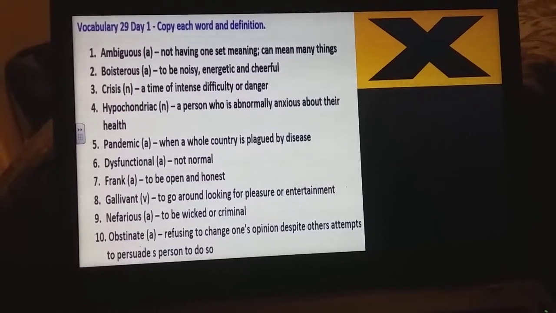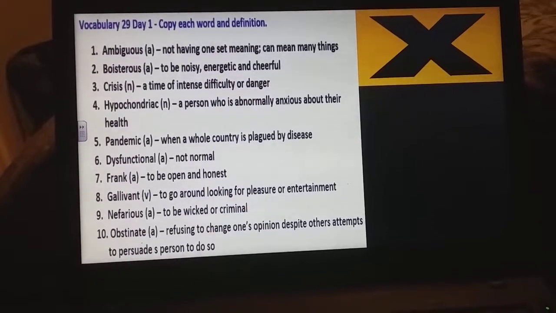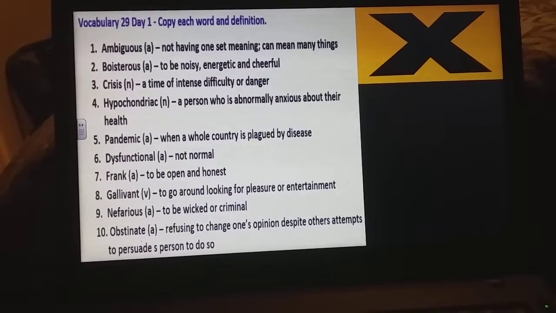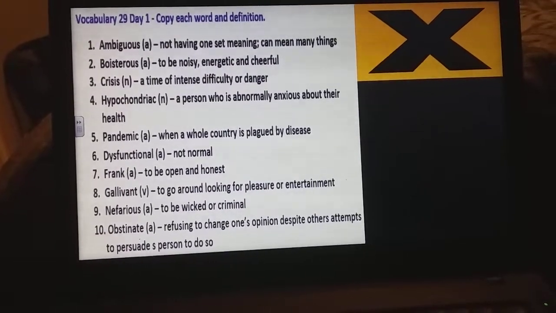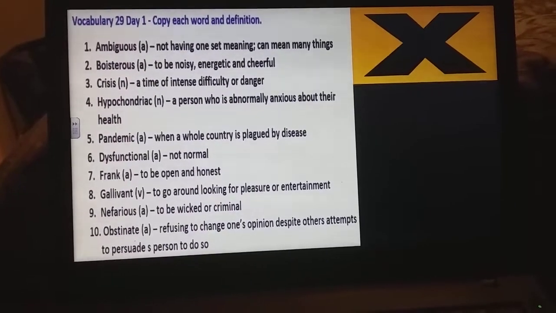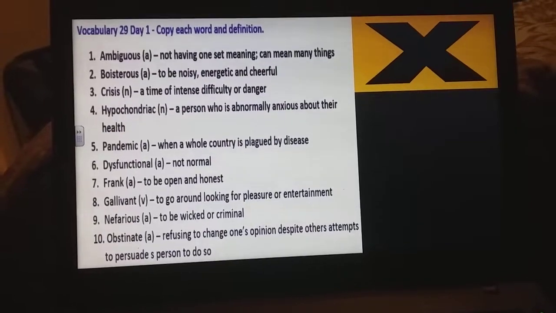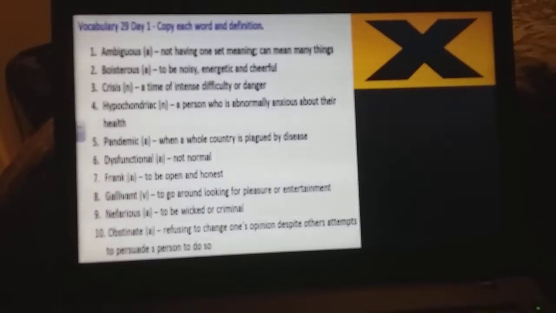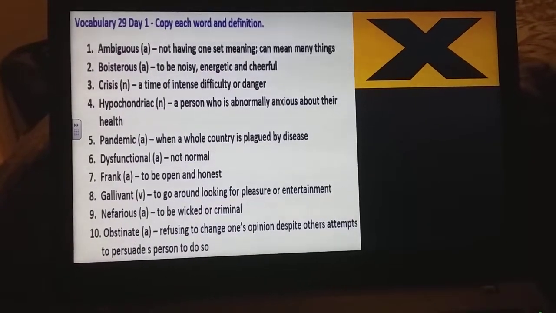So this is just an example of something that can be considered ambiguous, because if we just put the letter X or put this symbol on a piece of paper without anything around it, any explanation, there could be different interpretations of what it could actually mean.